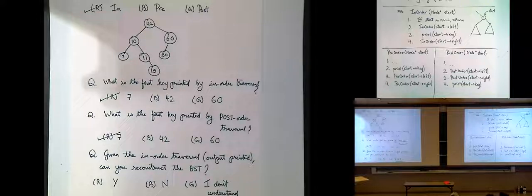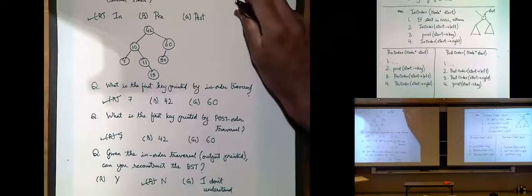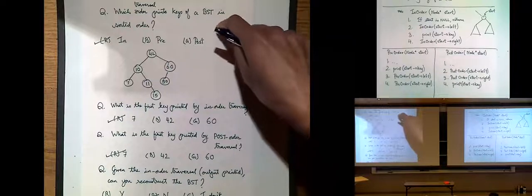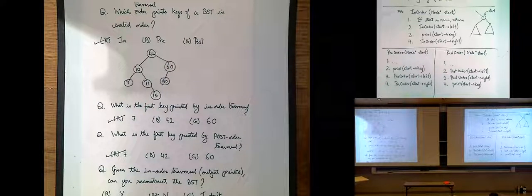Okay, so what's the answer? Good, so most of you correctly said that the answer is no. And maybe the easiest way to see this answer is just to look at the first question. If you truly believe that the in-order traversal prints it in sorted order, if I gave you 2 different BSTs on the same set of keys, you'll get the same order.